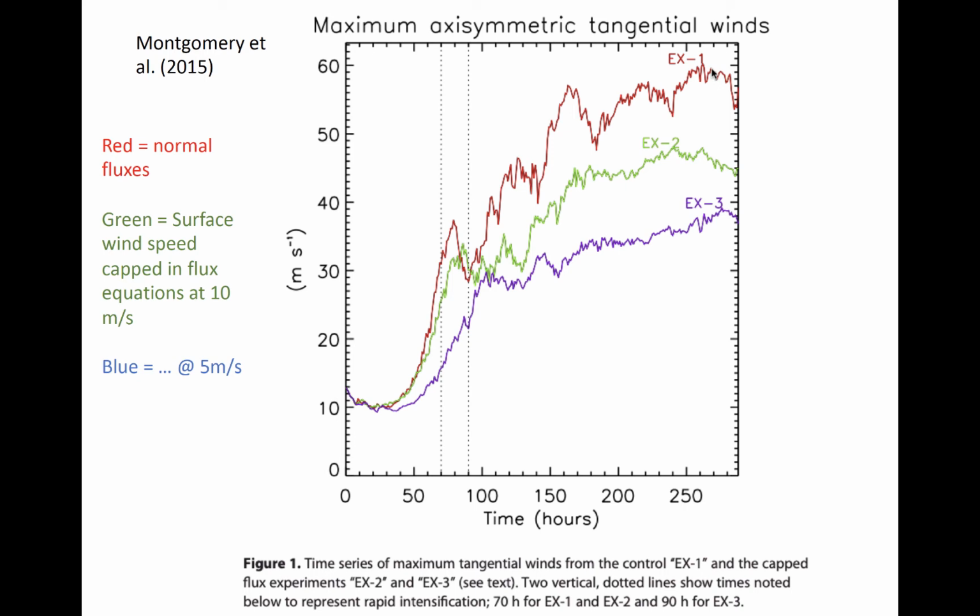However, the process of rapid intensification did not seem to depend much on the WISHY mechanism. Therefore, while the surface fluxes are important for setting the maximum intensity of a cyclone, they're not necessarily of first-order importance for describing the rate of intensification to get to that maximum.